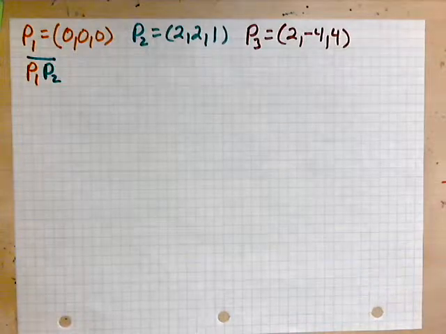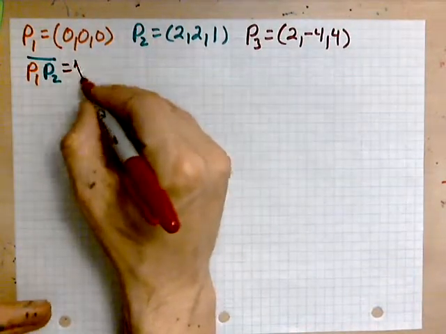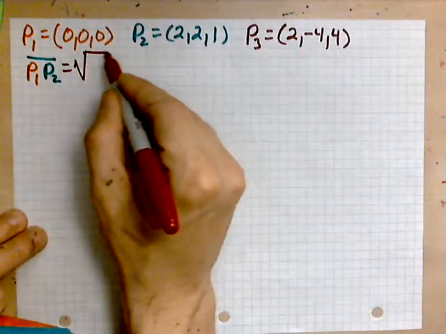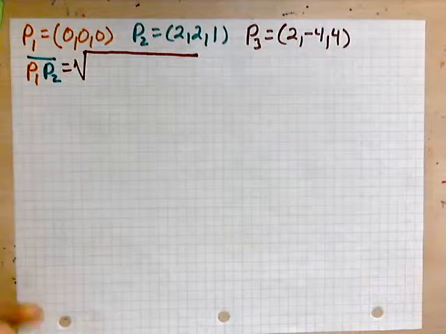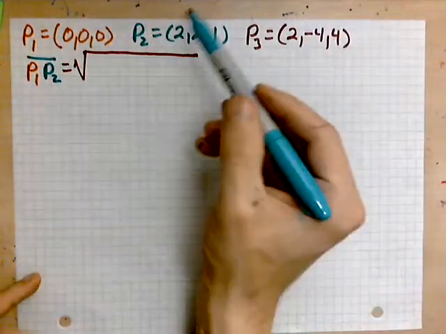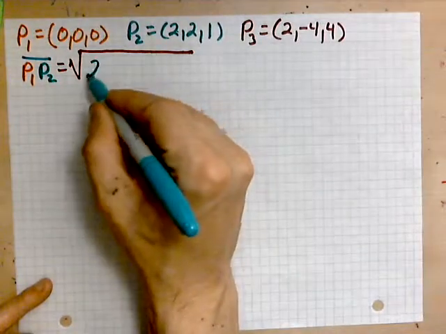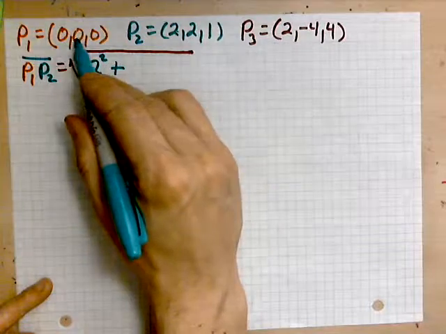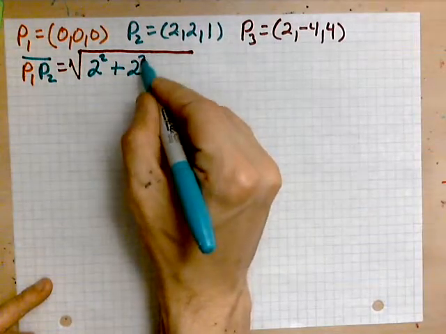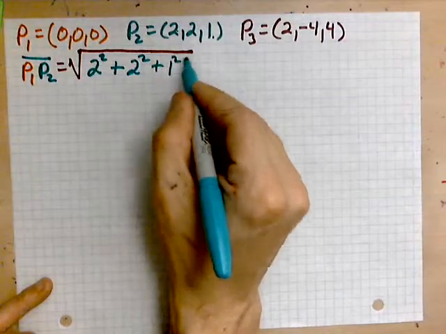So it looks like this. That's the square root symbol, and then you have the 2 from here minus the 0, so that gives just 2 squared. You add to it this 2 minus the 0, so that's another 2 squared, and then you add to that 1 minus 0, which is 1 squared.